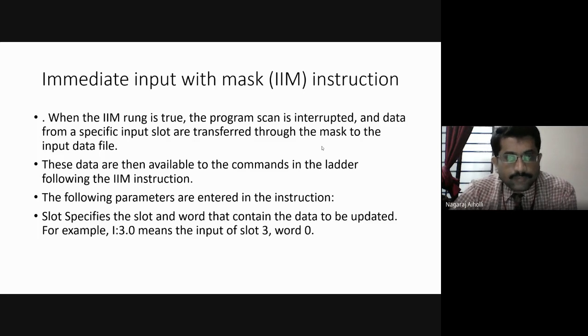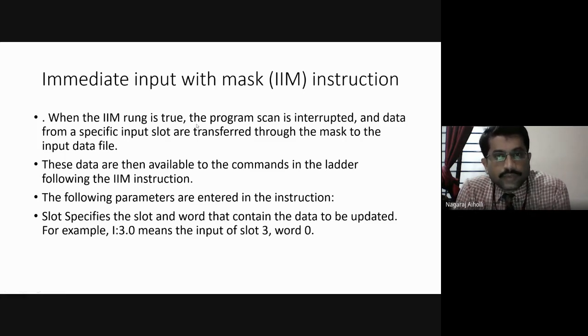Fine. Next. When the IIM rung is true, when the immediate input with mask instruction is true in the ladder rung, the program scan is interrupted and the data from the input slot is copied into the input image table file.